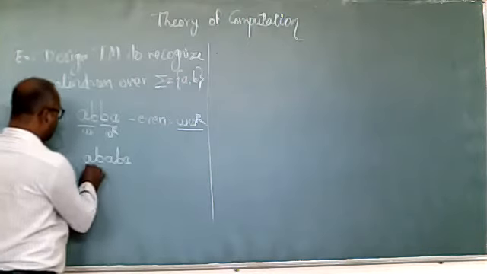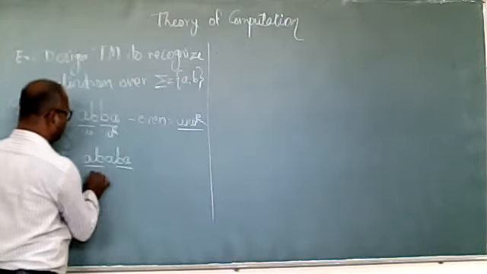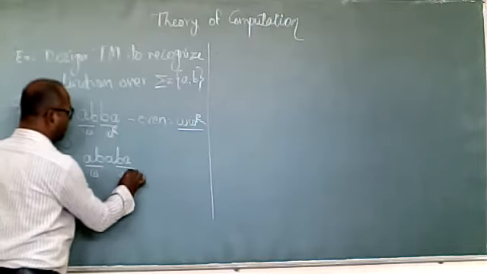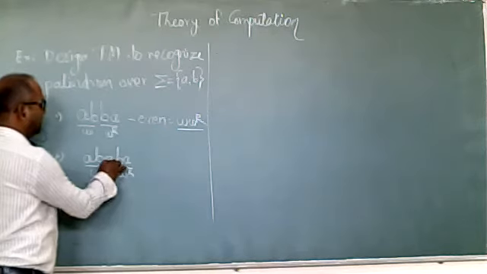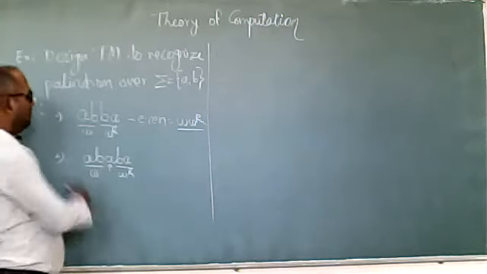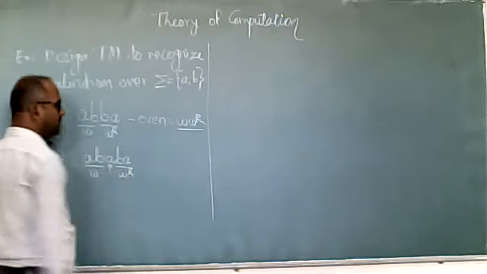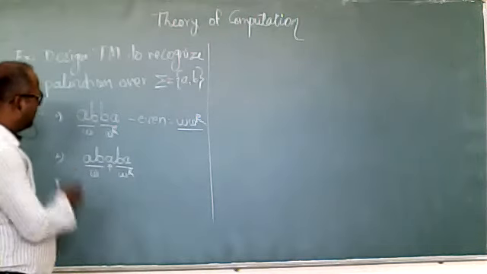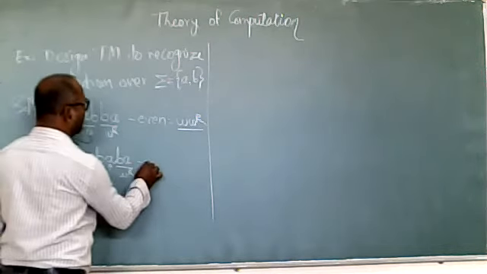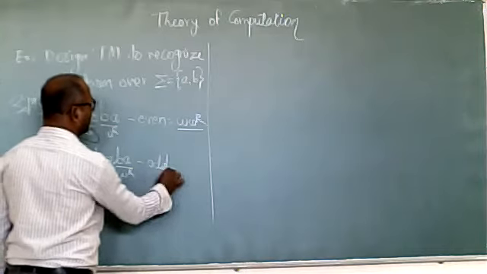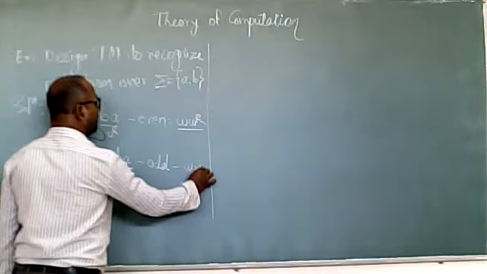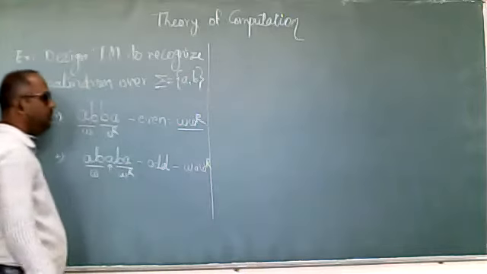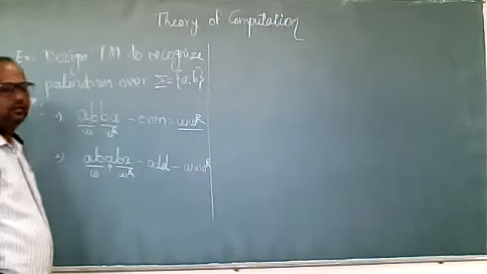If we see, this is your W, this is your W^R, the reverse of W, and in between there is an a, an input alphabet, because your string is made up of a and b. This is again a palindrome, which we call an odd size palindrome, and it is made up of W a W^R.